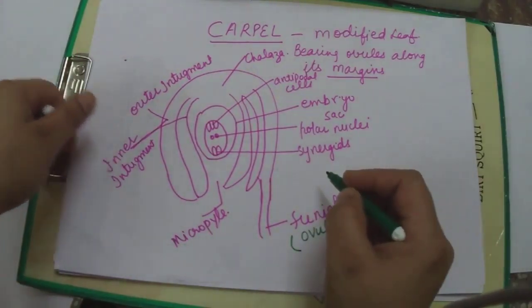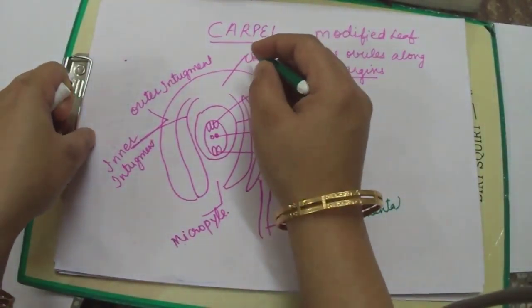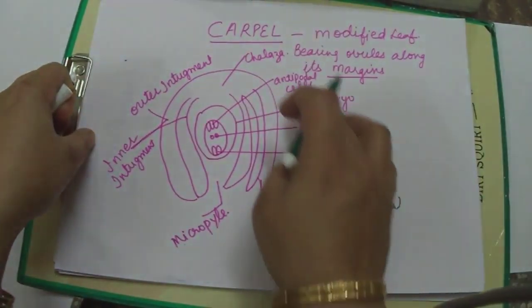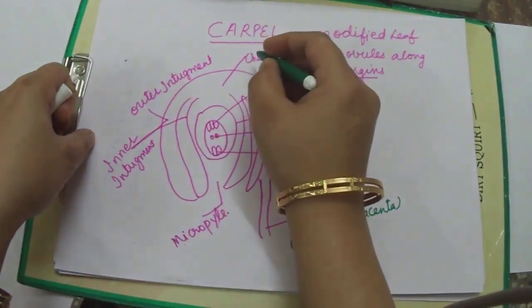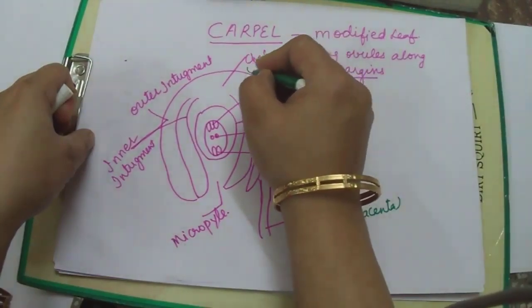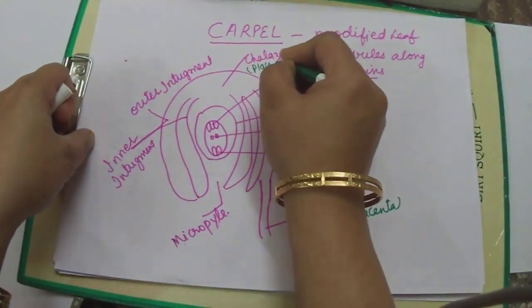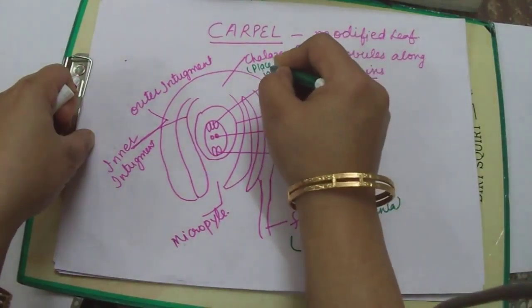Next is the chalaza. What is the function of chalaza? Chalaza is a place of origin of the integuments.